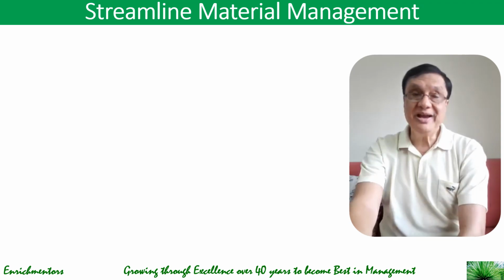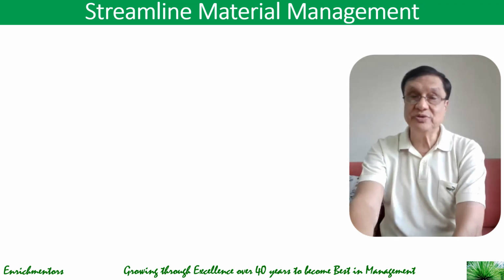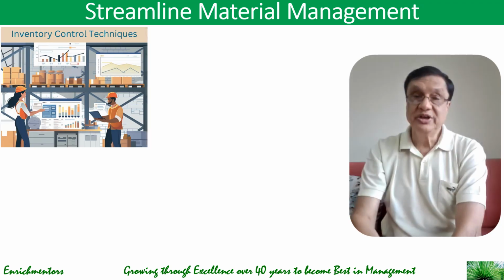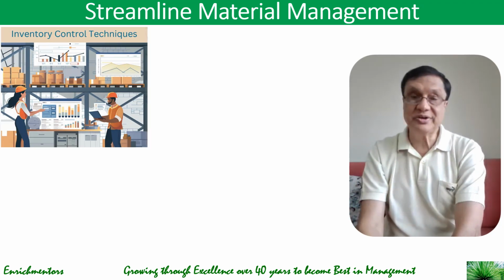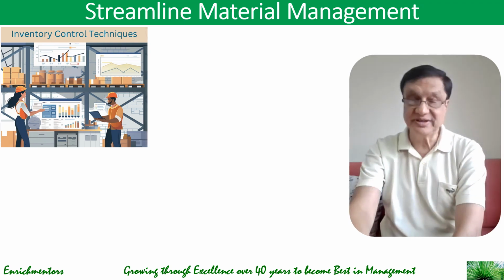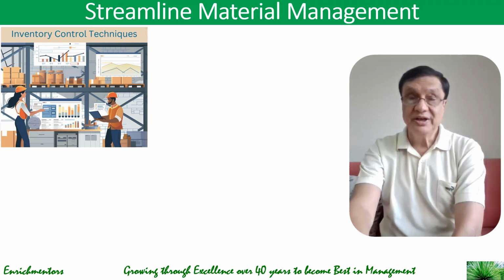Streamline materials management. Now, what are the things in streamlining materials management you can do? One is inventory control. Use inventory management systems to track material quantities and avoid overstocking or shortages that typically can happen.